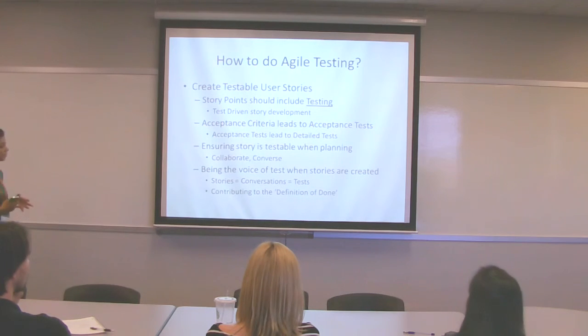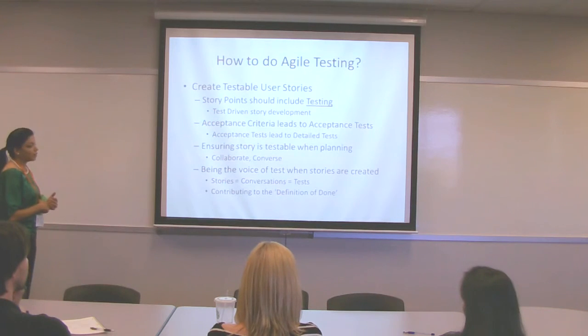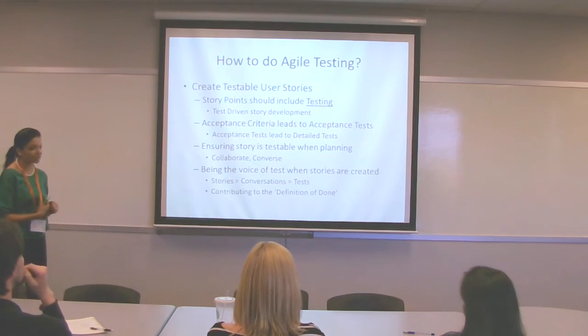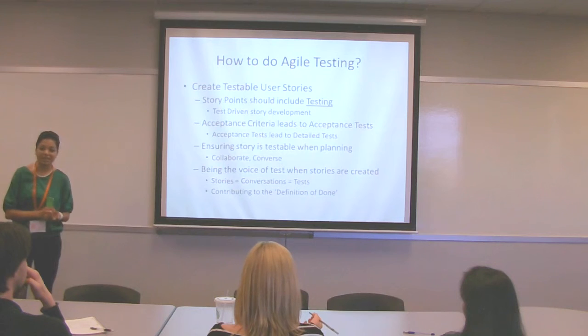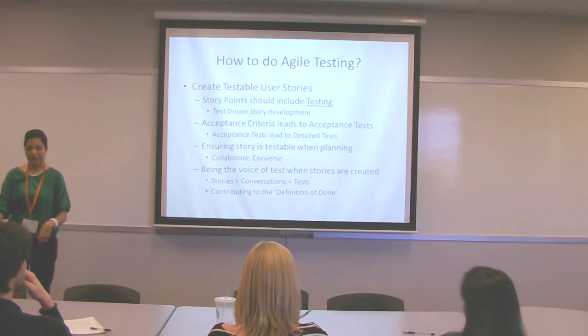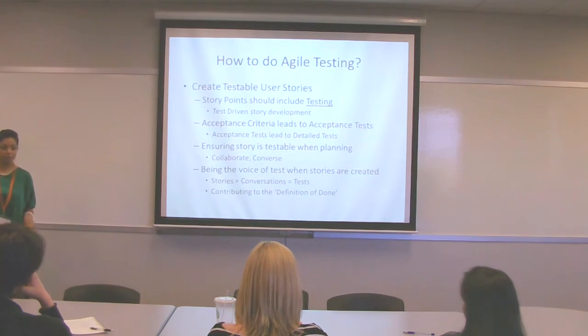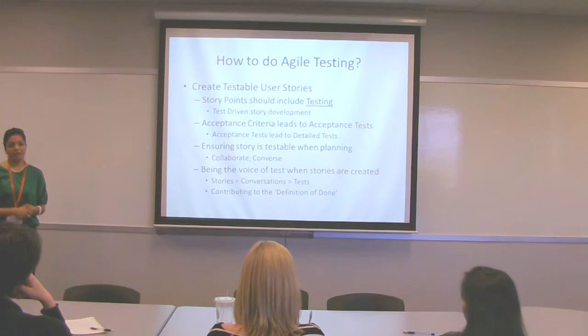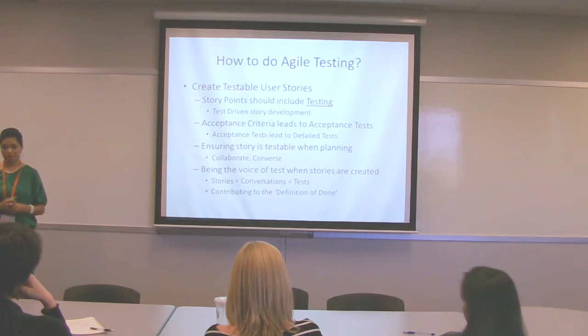Now, let's come to how to do Agile testing. We create testable user stories. Every story needs to have a testing aspect and should be estimated according to the testing effort. When we first started to do Agile, everybody played story estimation poker, putting a card up as to what the story point would be for that story.